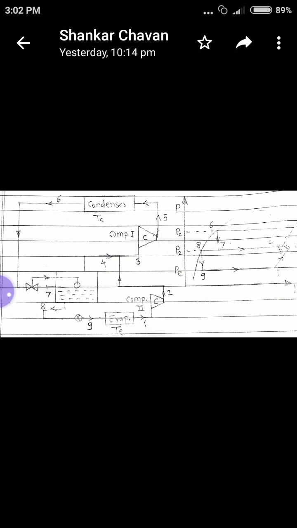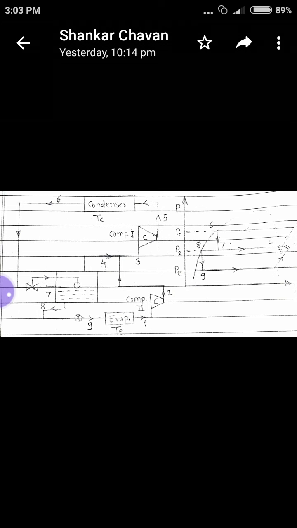As the flash mixes with that pressurized refrigerant from the first stage, the temperature of that mixing refrigerant decreases, because the flash has low temperature and the refrigerant from the first stage compressor has high temperature. When these two refrigerants mix together, the temperature decreases from whatever temperature is there at the first compressor.